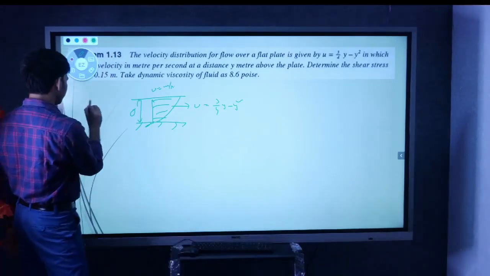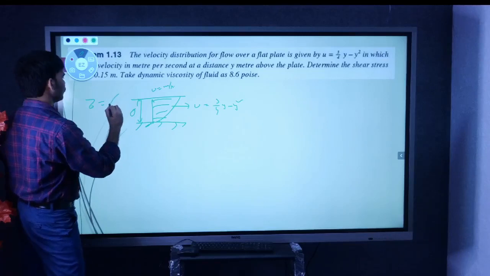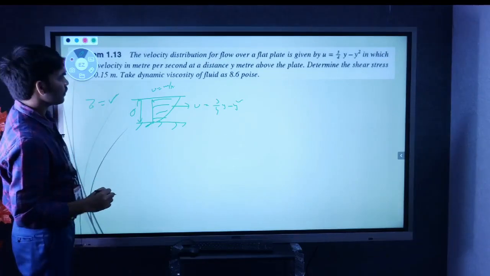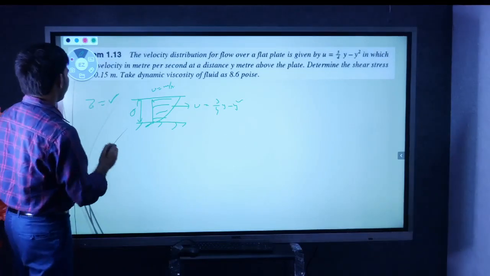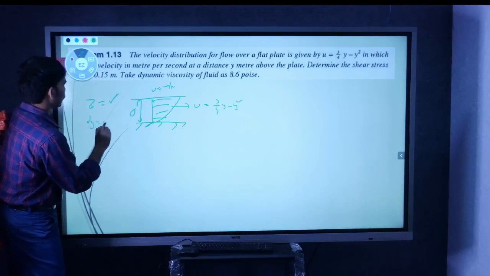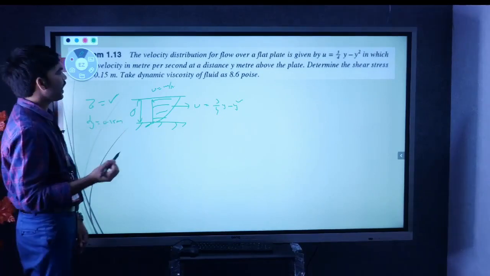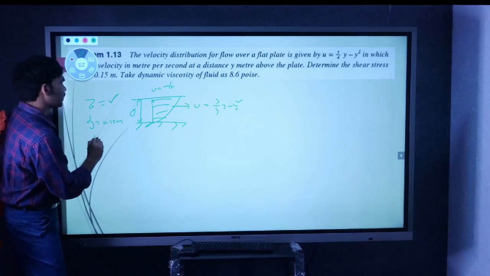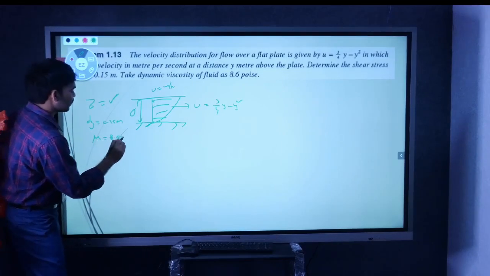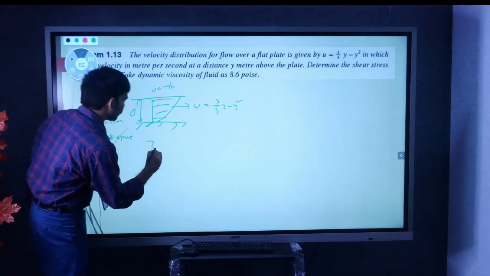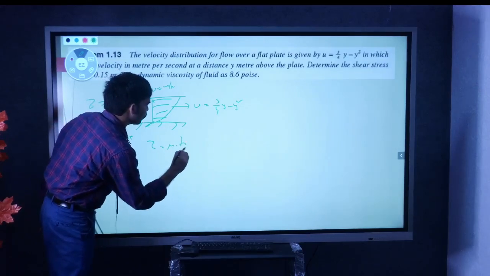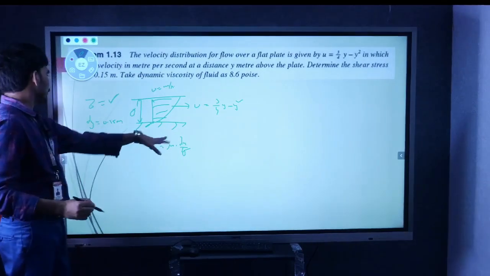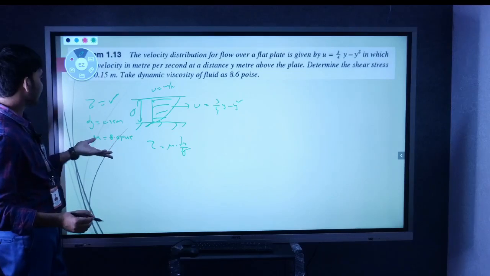Determine the shear stress, tau. Taking y value as 0.15 meters, and dynamic viscosity mu is given as 8.6 poise. So what you have to do is tau is equal to mu into du by dy.